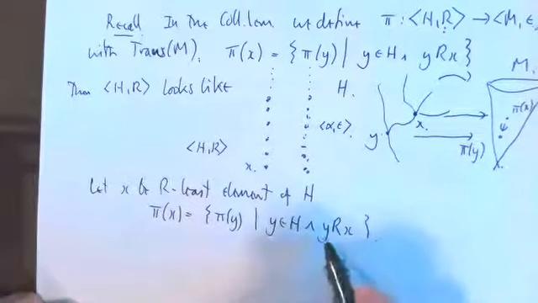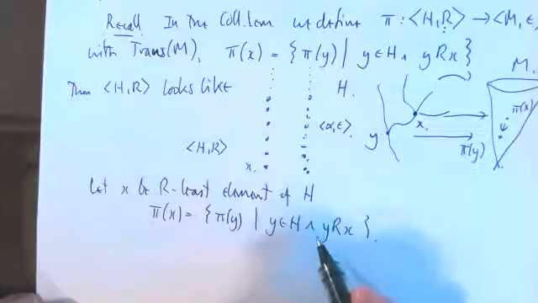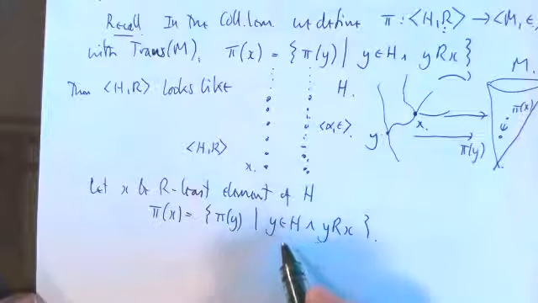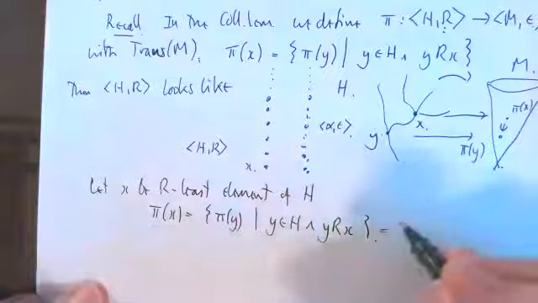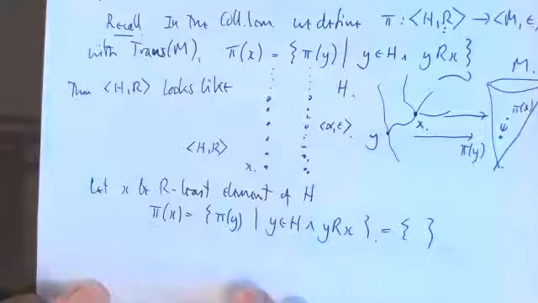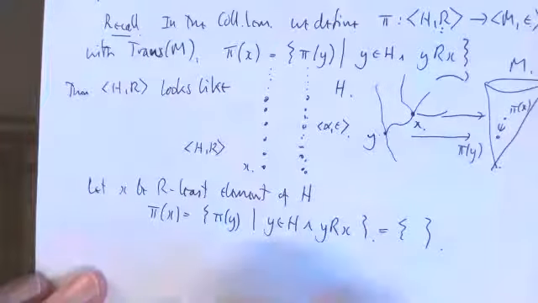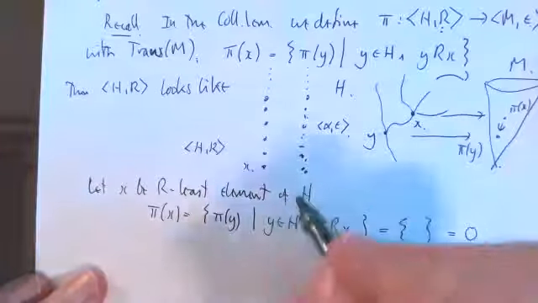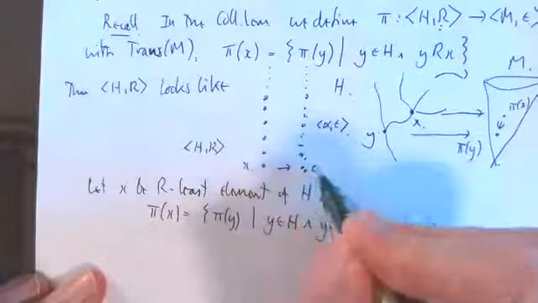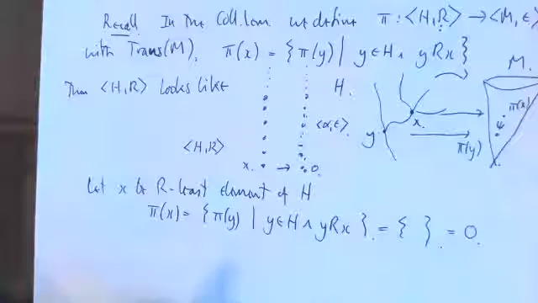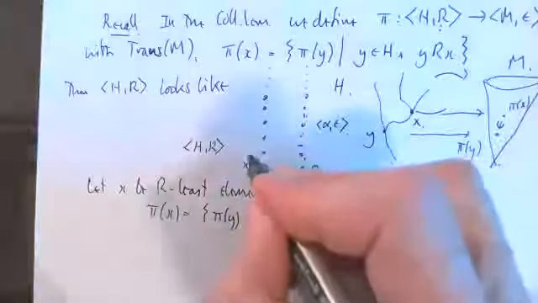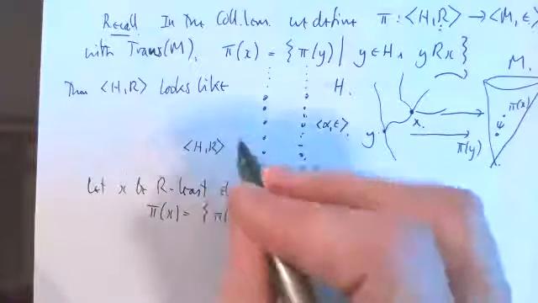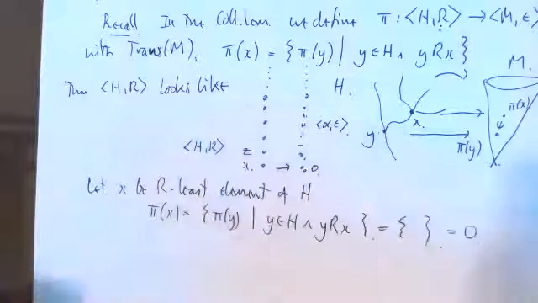Oh, there's nothing below x because it's the least element. So there are no y's like this. So this is the empty set. But what is the empty set? This is 0. So x gets sent to 0. What happens to the next element up here, z? The least element above x in the relation R.